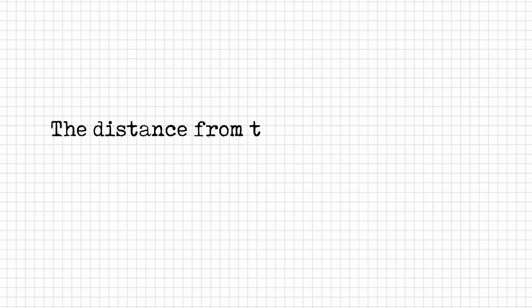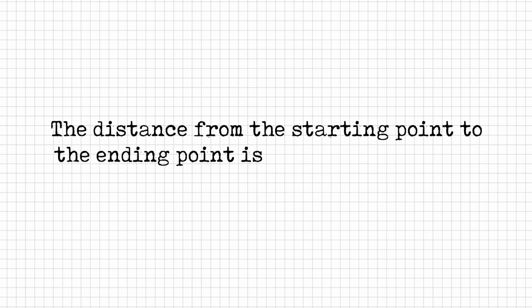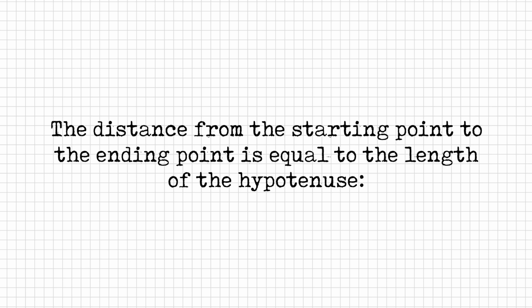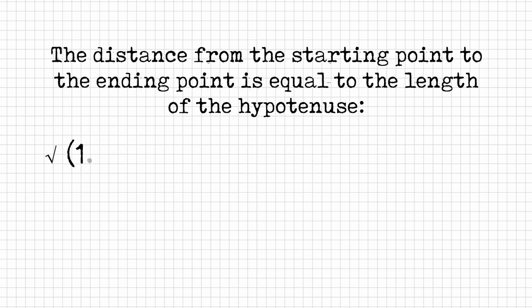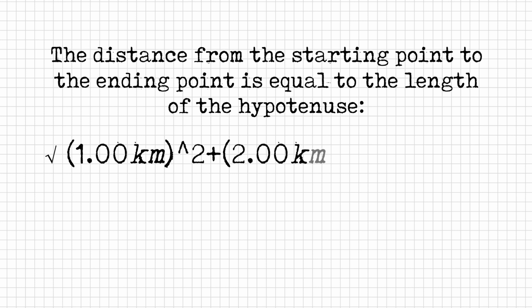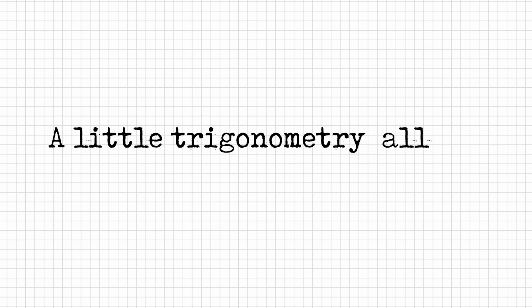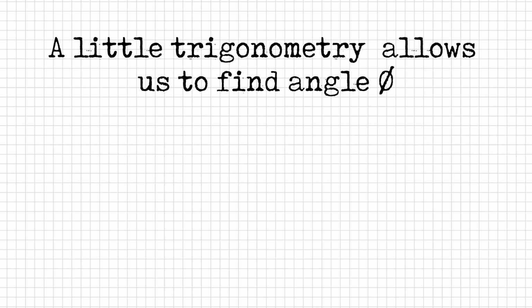The distance from the starting point to the ending point is equal to the length of the hypotenuse. We're going to use the distance formula: the square root of 1 kilometer squared plus 2 kilometers squared is equal to 2.24 kilometers. A little trigonometry allows us to find angle theta.